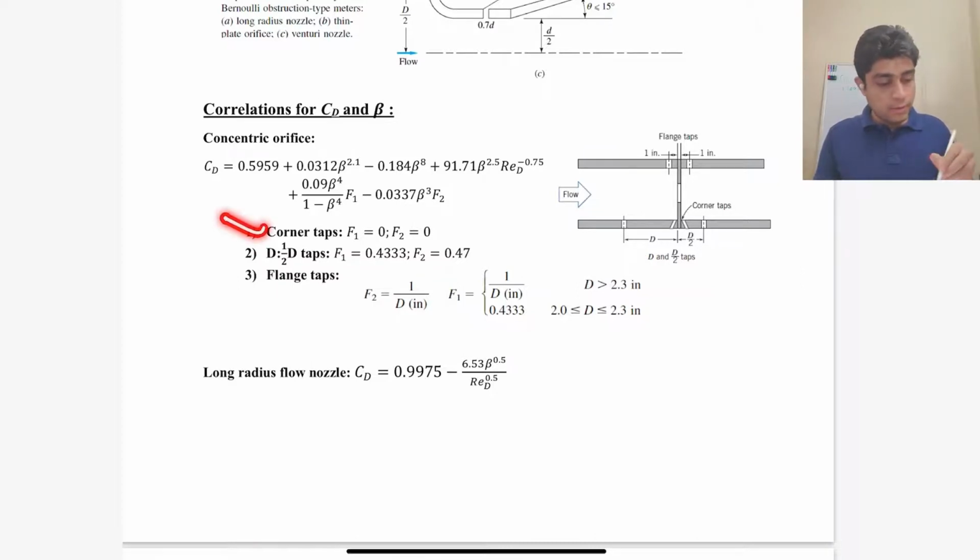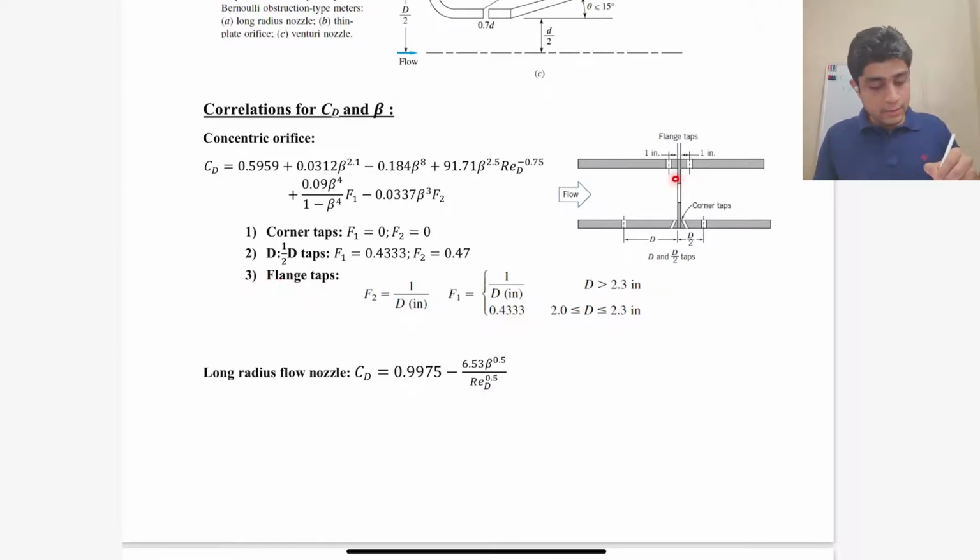So there are three standard places where we put the pressure taps. The first is corner taps. That just means you place the pressure taps adjacent to the orifice plate just before or after it. Other way can be D and D by 2 taps. So it means the upstream pressure tap is at a distance D behind the orifice plate, and the downstream tap is at a distance D by 2 in front of the orifice plate.